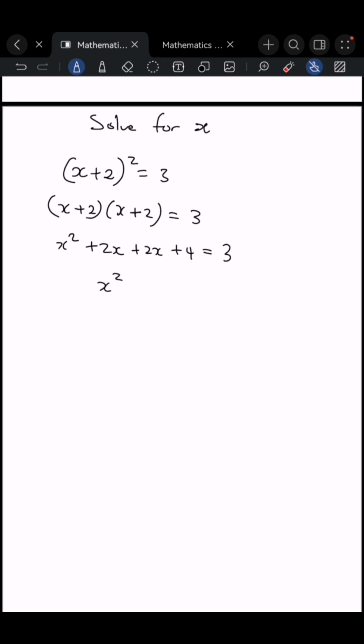Therefore, x squared plus 4x plus 4 minus 3 is equal to 0. Therefore, x squared plus 4x plus 1 is equal to 0.